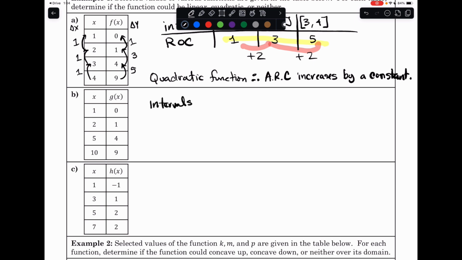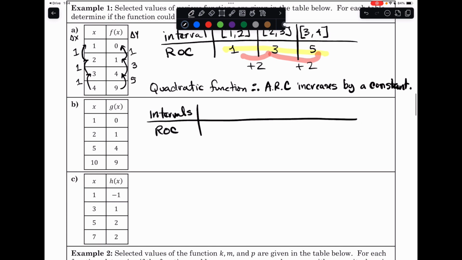Our intervals, our average rate of change, and we're going to go from 1 to 2, 2 to 5, and 5 to 10. And let's see what the average rate of change is.